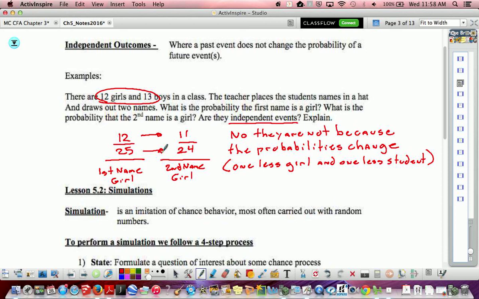For instance, in just one deck of cards, there are 4 aces. If the first card you're dealt in blackjack is a 10, and that's the only card you've seen, normally you would say the probability of getting an ace is 4 out of 52 or 1 out of 13.